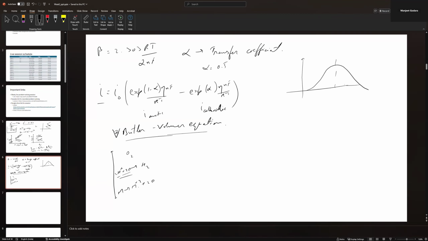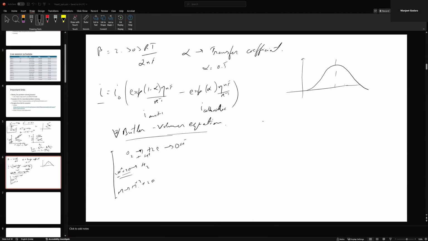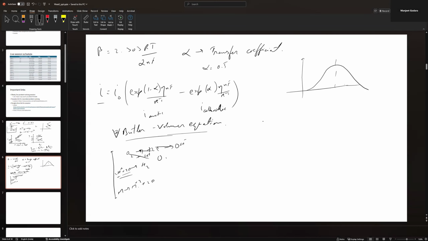H plus ions diffuse quite well. However, oxygen reduction is O2 plus 2 H2O plus 4 electrons giving 4 OH minus. This is the oxygen reduction reaction.